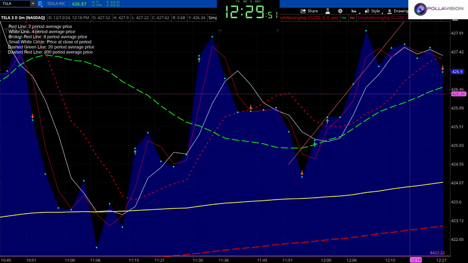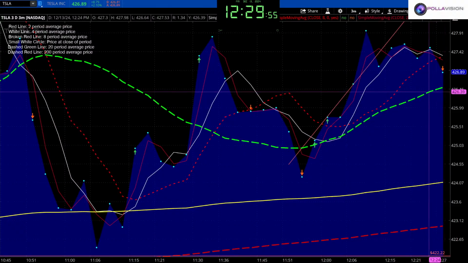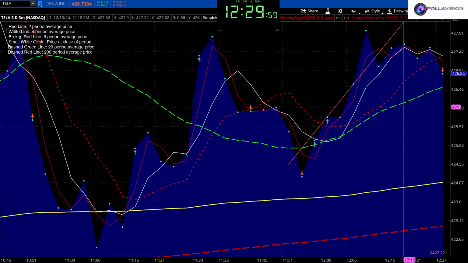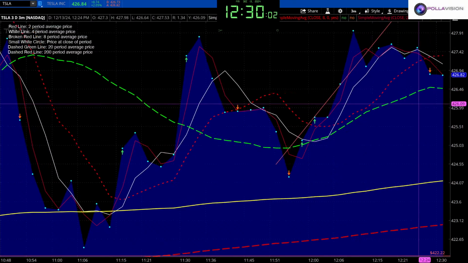So we might come down below this 20. And our hope is, based on the longer term, we'll bounce off and take off.